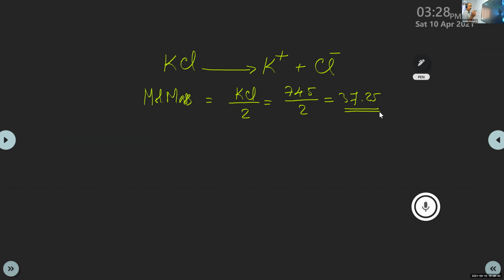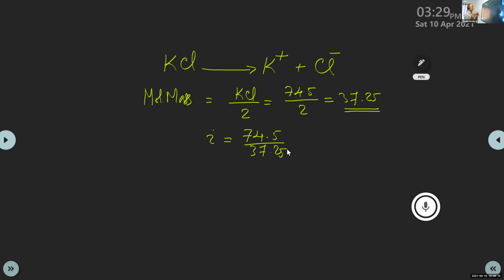Now you try to find out the Van't Hoff factor i in this case. i is equal to normal molecular mass by abnormal molecular mass. Normal molecular mass 74.5 by abnormal molecular mass, the experimental molecular mass determined by colligative property measurement, that is only 37.25.